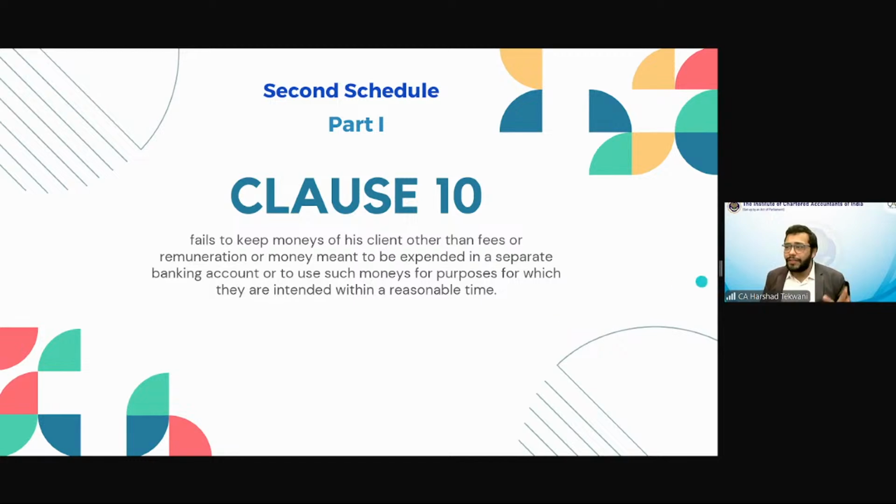So this is a summary of all the clauses of part 1, 1 to 10. Now let's do a deep dive clause by clause to understand each clause in detail, what the things are there, and more information about them.